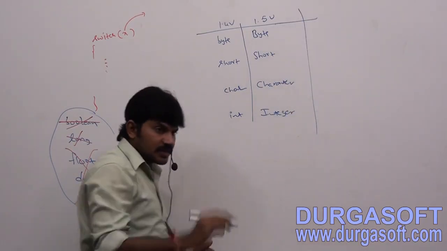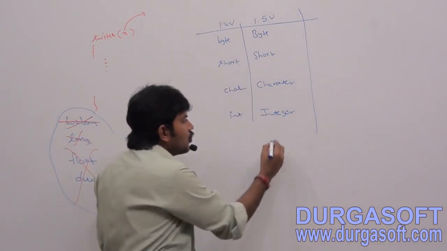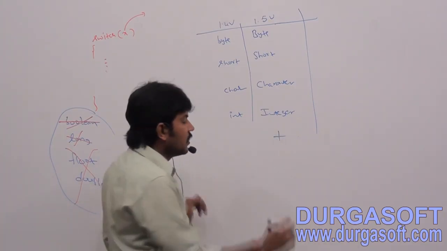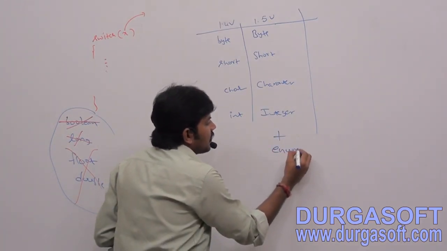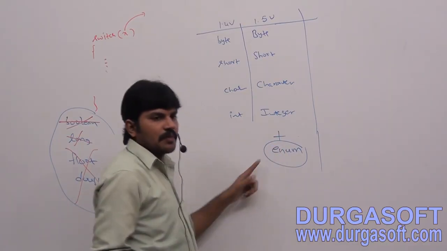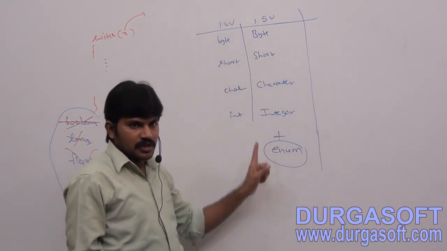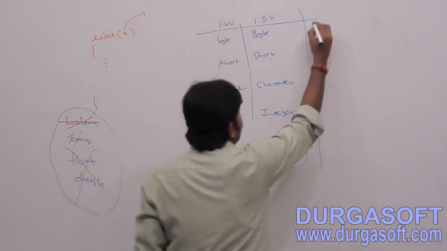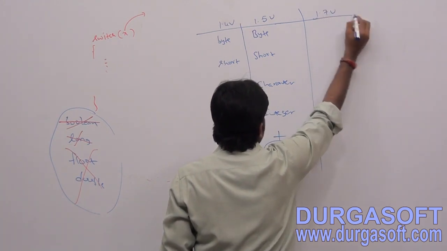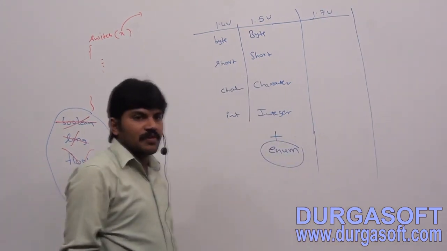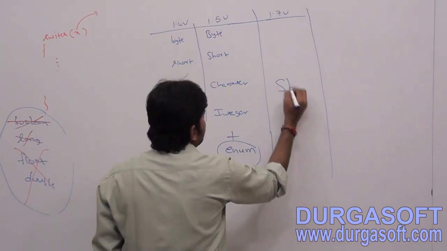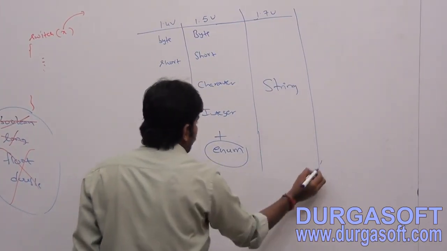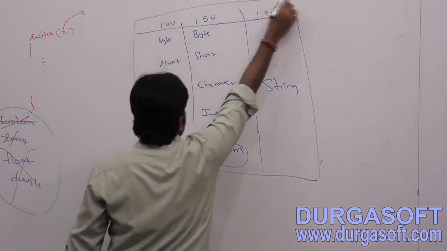In addition to this, enum type is also allowed from the 1.5 version onwards, and from the 1.7 version onwards we can pass string type also. There is no problem at all.